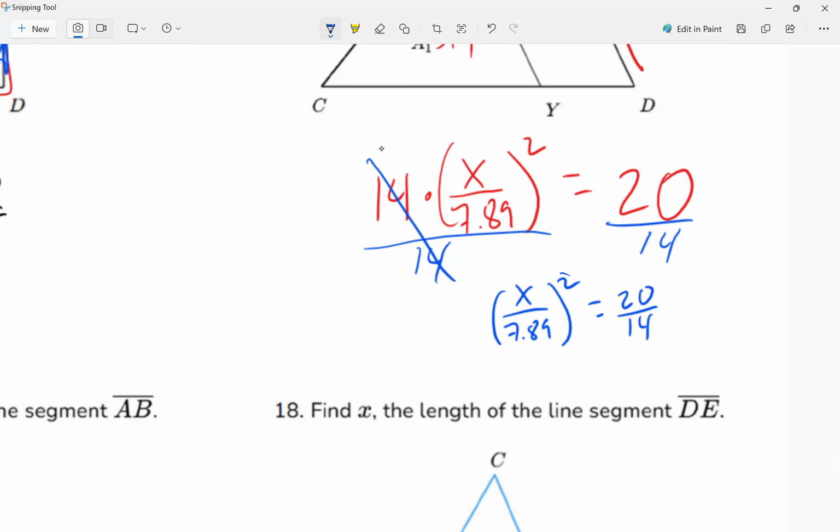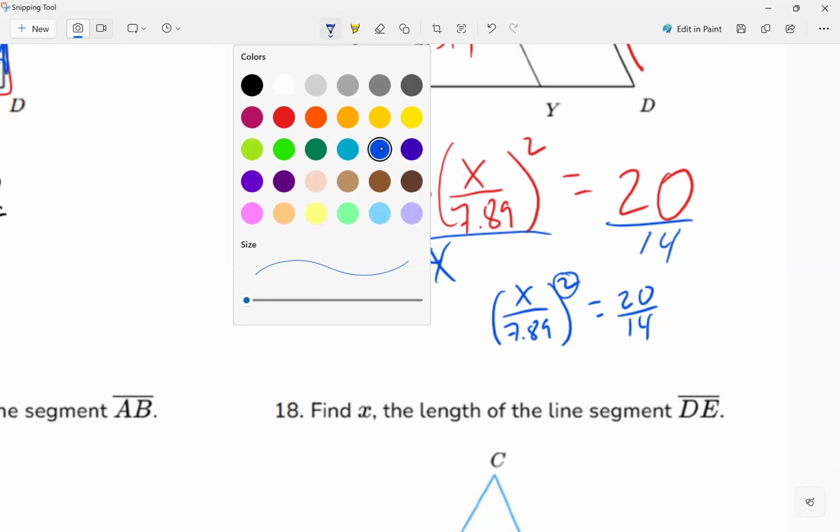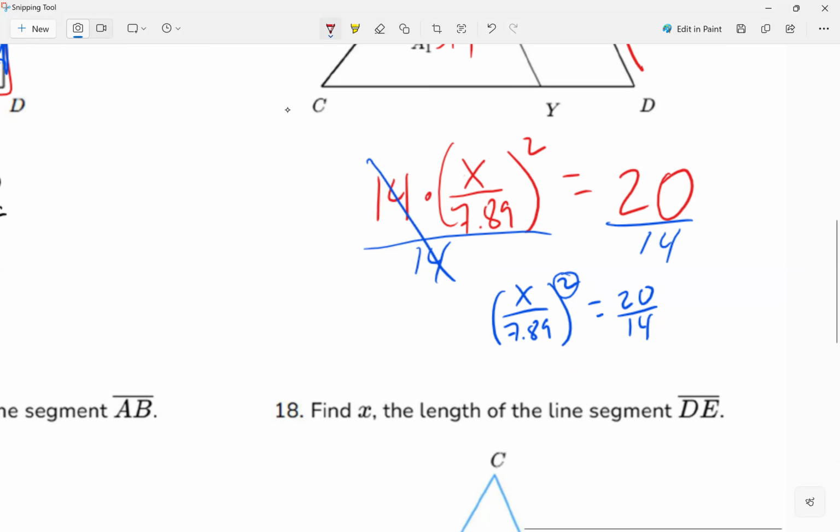Now, how am I going to undo a squared? I know multiplication and division undo each other. I know addition and subtraction undo each other. How do I undo an exponent? In this case, I'm going to undo a squared exponent with the square root. A square root and a square exponent cancel out.